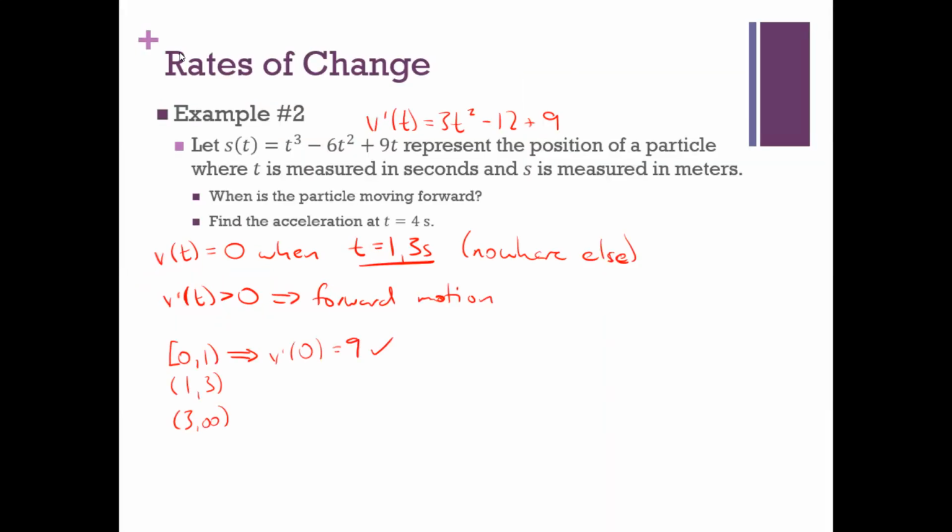What is the velocity at 2? Three times 4 minus 24, 12 minus 24 should be negative 3, which is less than 0, so that's not true.